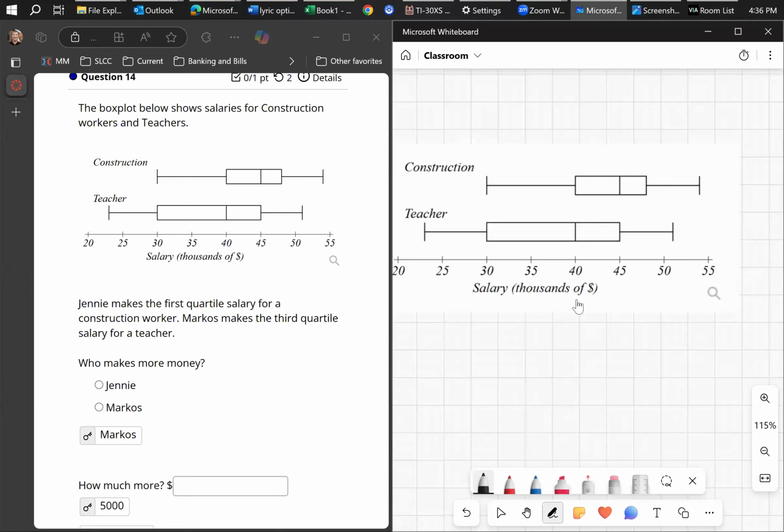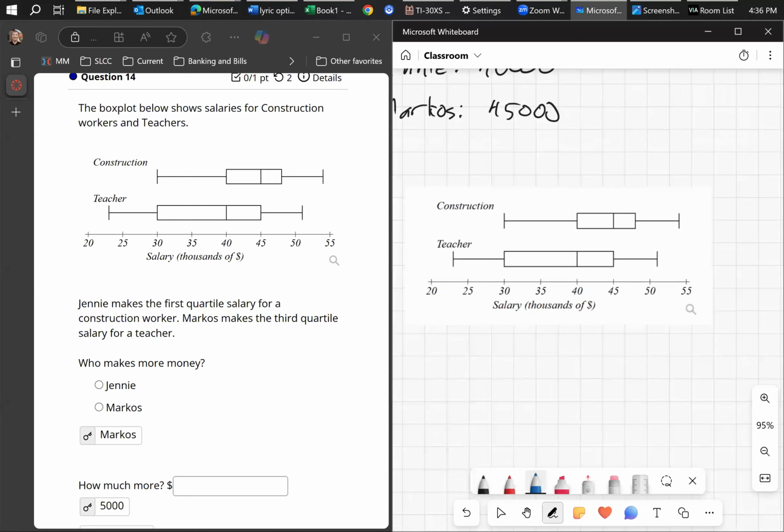So if we're making the third quartile for a teacher, 45,000, every quartile is really a quarter of the population. So we can say that Marcos makes more than 25, 50, 75% of the teachers. He makes less than 25% of the teachers.